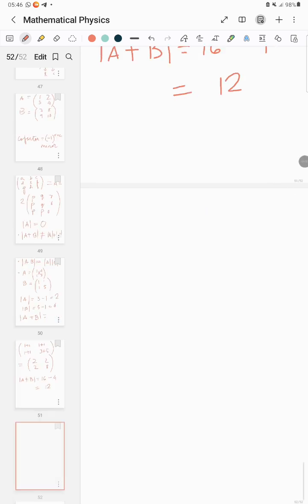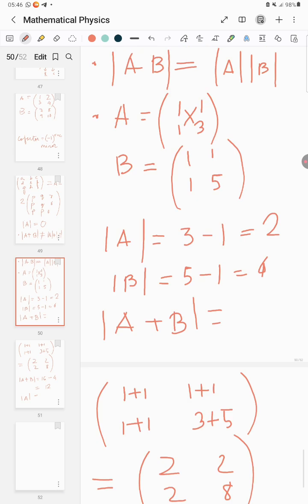Now determinant of A plus B is coming to be 12. What if we look into the determinants separately?